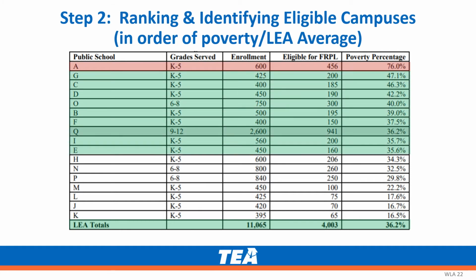Campuses G, C, D, O, B, F, Q, I, and E are eligible because their poverty percentage is at least 35%. Please note that even though campuses I and E are below the LEA's poverty percentage of 36.2%, they are eligible because they are above 35%.